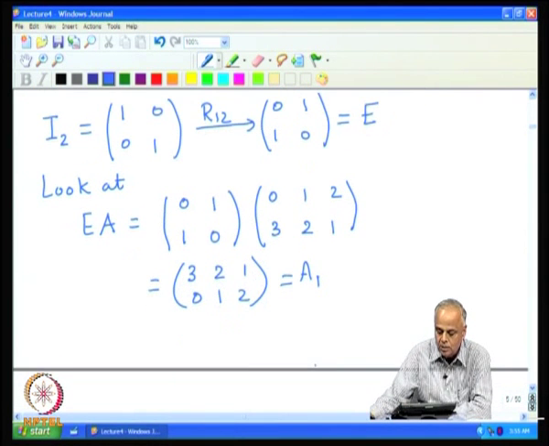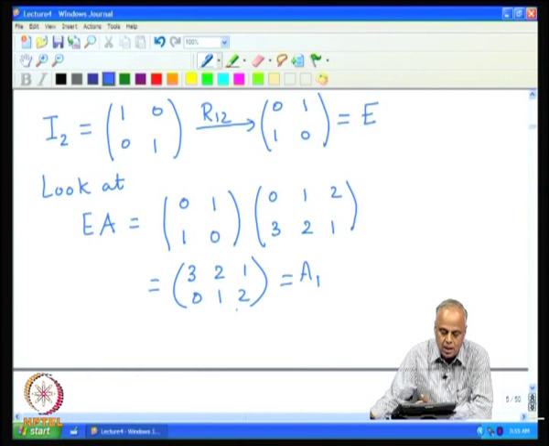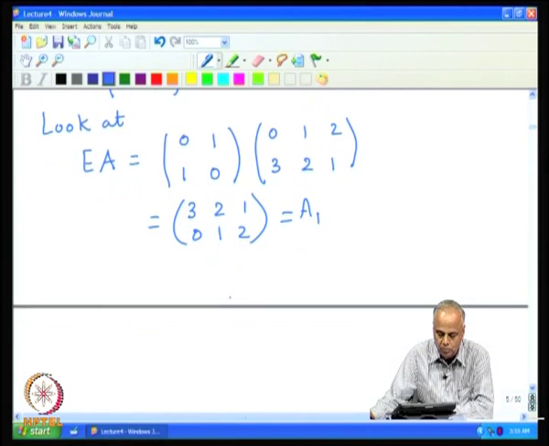In other words, the effect of operating with ERO type 1 on A is the same as pre-multiplying the matrix A by E, where E is obtained by effecting the same transformation on the 2 by 2 matrix.